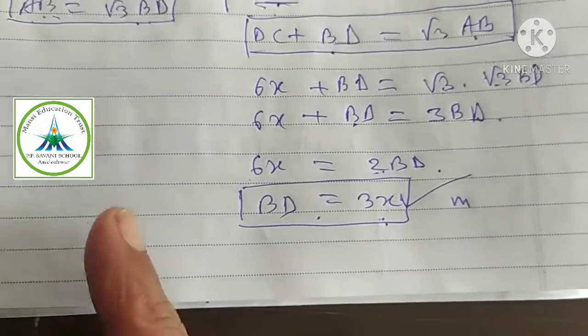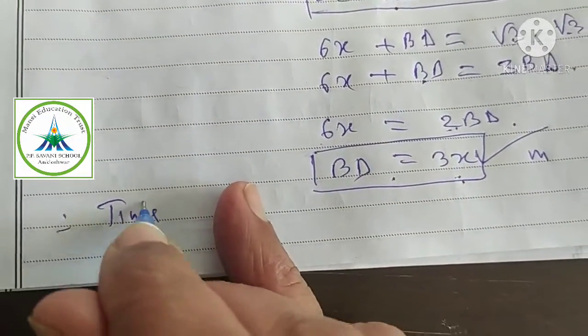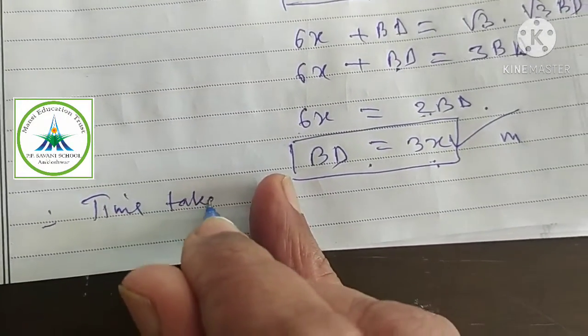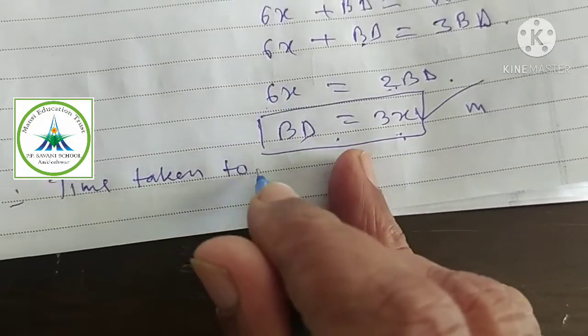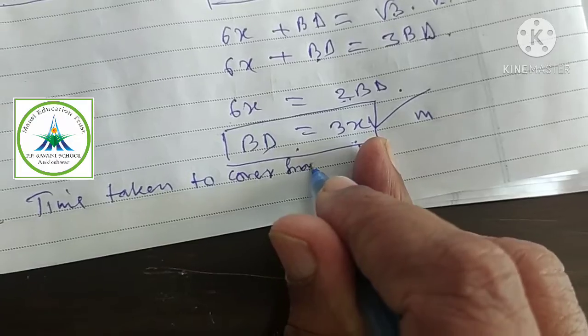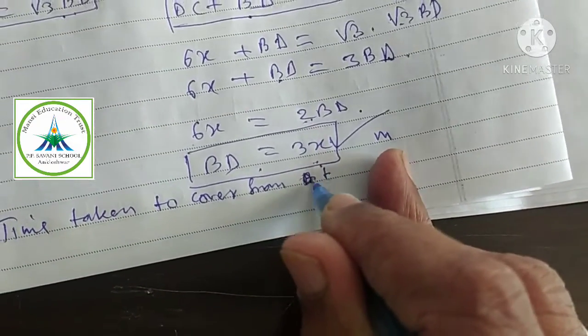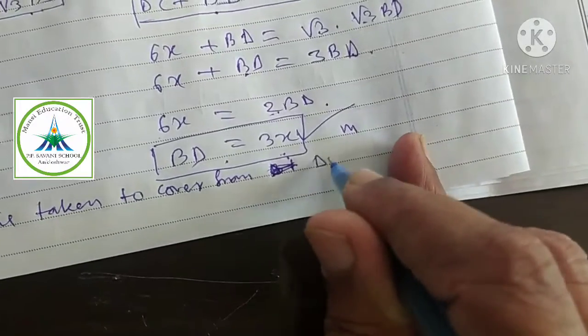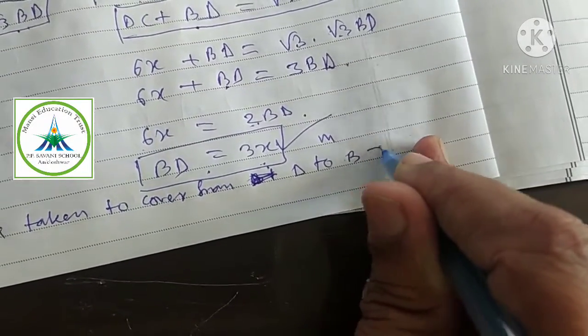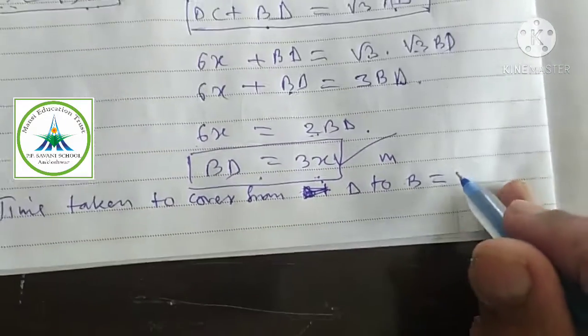Therefore, time taken to cover from D to B equals, what is the formula?